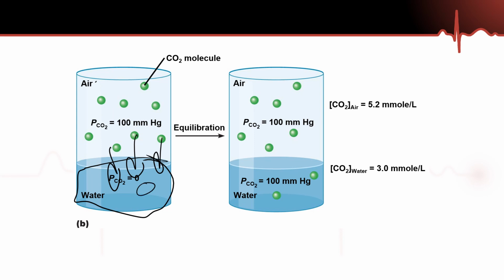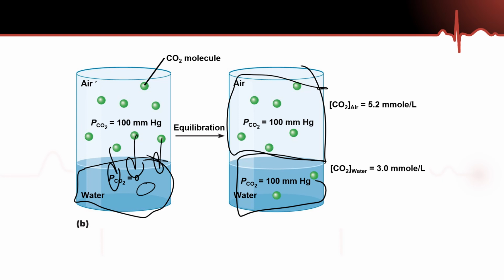Okay. But then, how did carbon dioxide move from the air into the fluid, drive the partial pressure of carbon dioxide within the fluid up, but then the partial pressure of carbon dioxide within the air didn't fall at all, right? The partial pressure of carbon dioxide within the air stayed at 100 millimeters of mercury, and the partial pressure of carbon dioxide within the fluid went up to 100 millimeters of mercury.